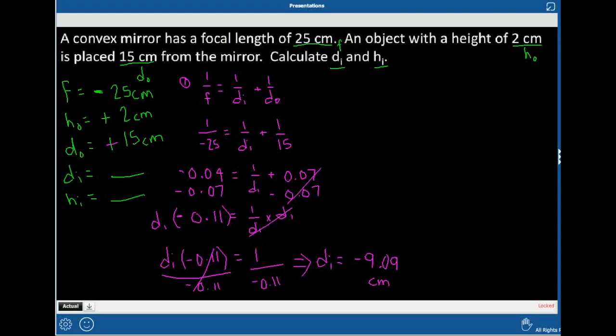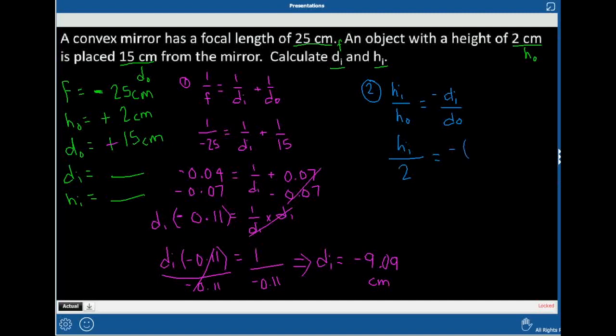Now that I have DI, I can find my HI. I'm going to use the magnification formula, HI over HO equals negative DI over DO. This is the same thing. If your signs are put in here correctly, then you'll get the correct answer.